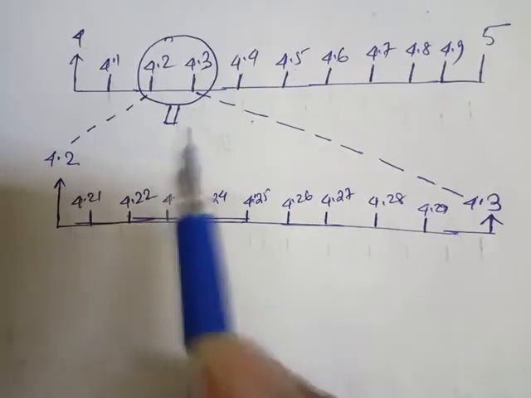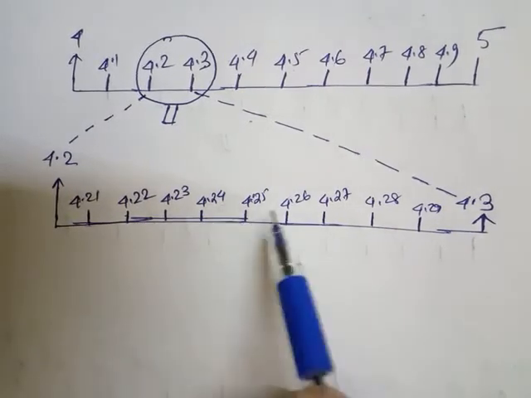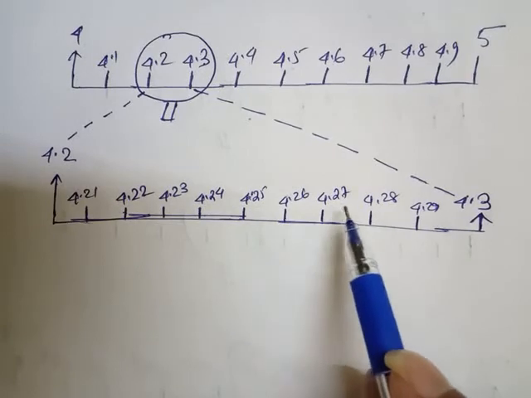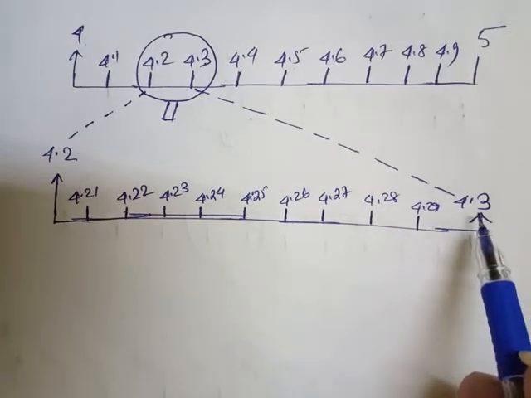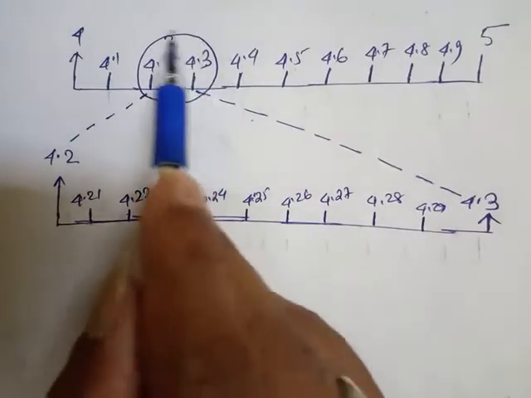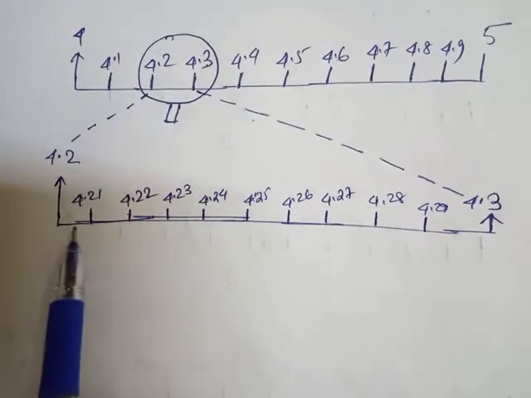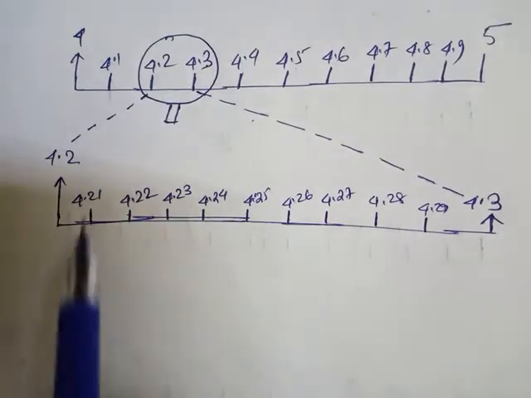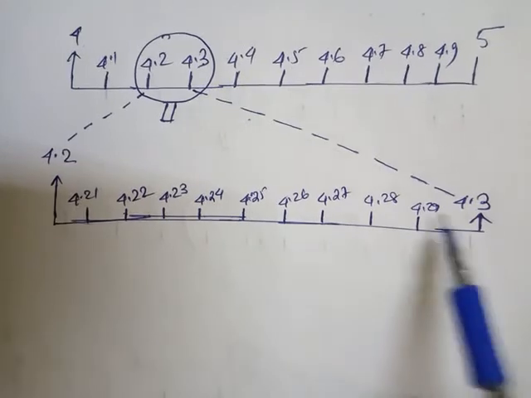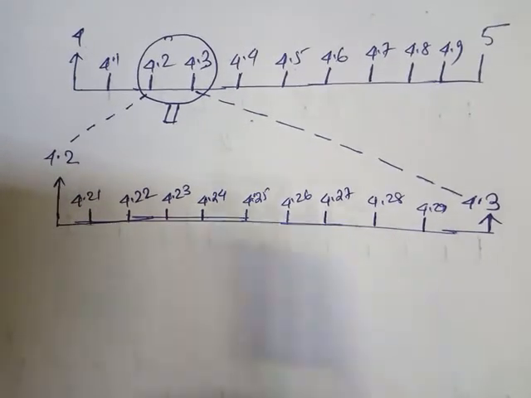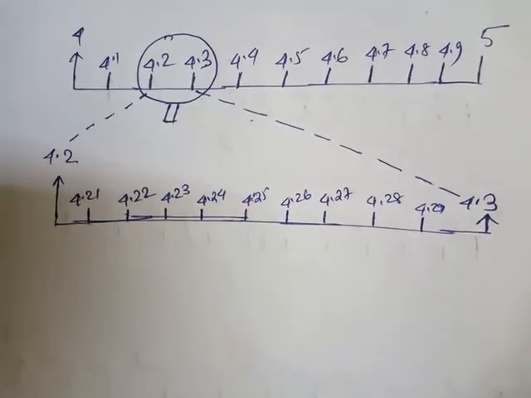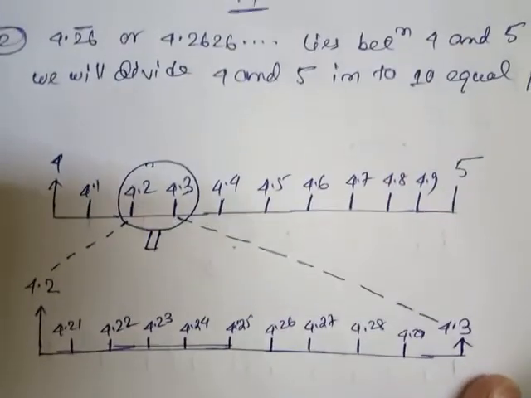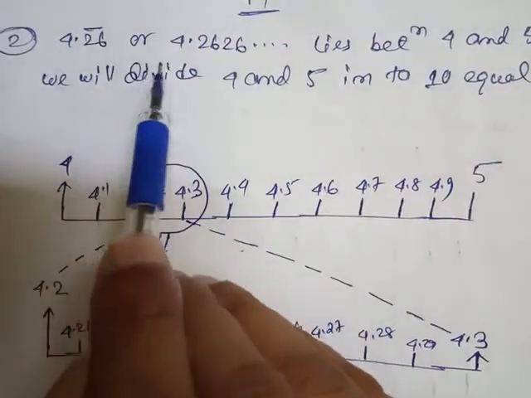4.2, then 4.21, 4.22, 4.23, 4.24, 4.25, 4.26, 4.27, 4.28, 4.29, then 4.3. So we have magnified this portion, that's why we have shown here the enlarged part, 4.21 to 4.29, between 4.2 and 4.3. Now look here in the question, it says that 4.26 we want.